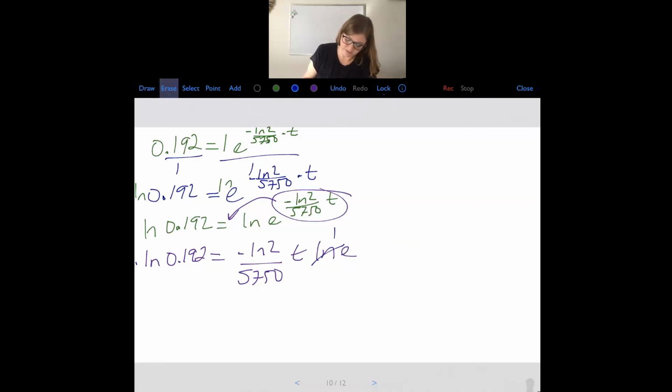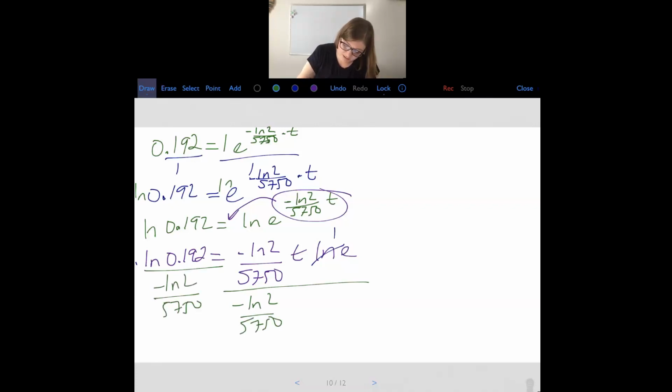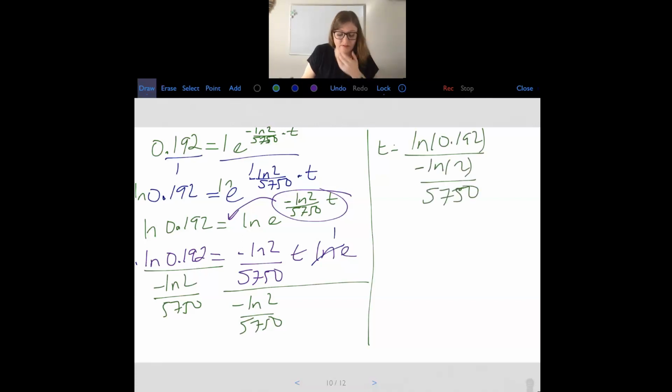Okay, what I'm going to do is I'm going to show you that it's okay, that you can just take t is equal to ln of 0.192 divided by negative ln of 2 divided by 5,750. Okay, so this is what we put into our calculator.